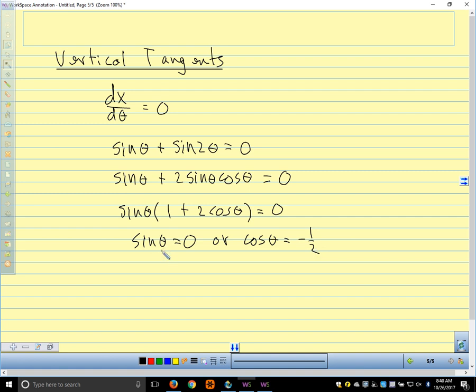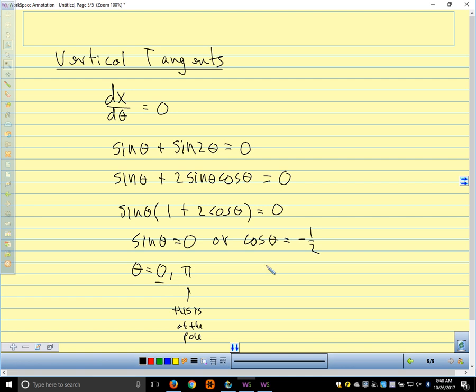And this tells us theta equals 0 and pi, but this is the pole. We already looked at that one.